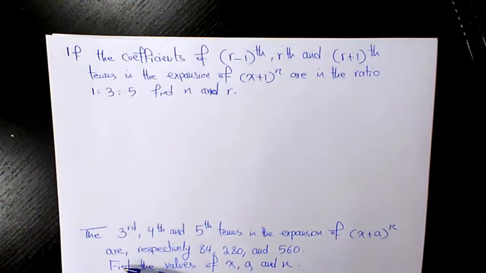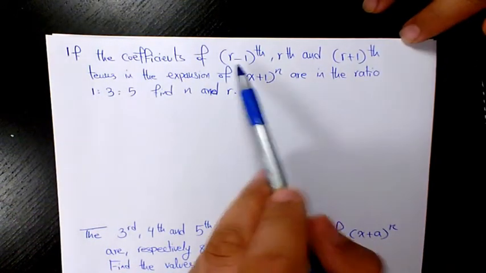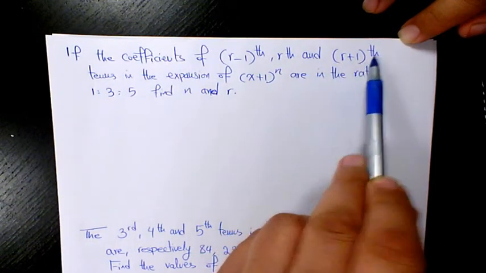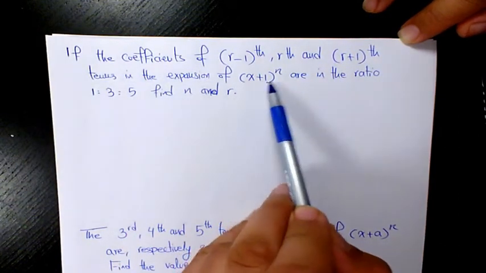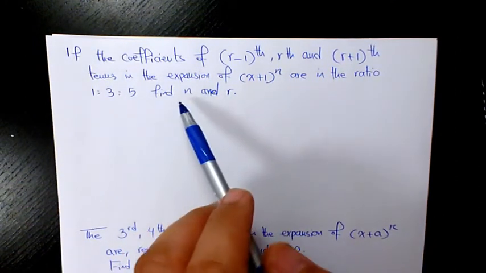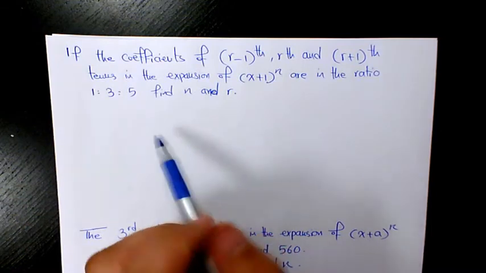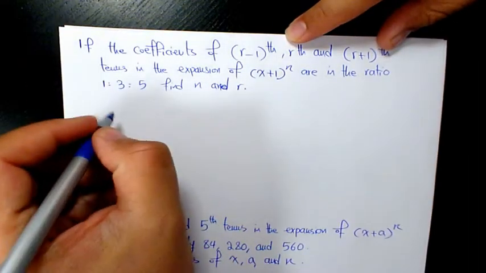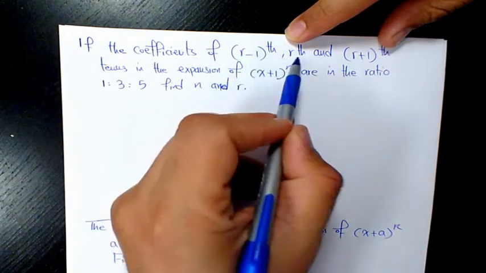Next example, it's saying that if the coefficients of the r minus 1th, rth, and r plus 1th terms in the expansion of x plus 1 to the power of n are in the ratio of 1, 3, 5, find n and r. Alright, so we can say r minus 1, r and r plus 1.